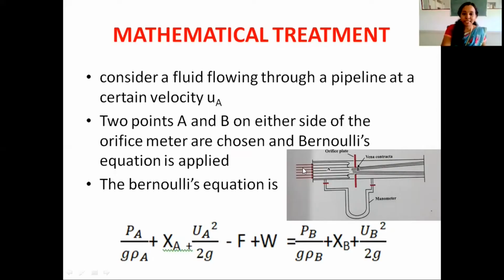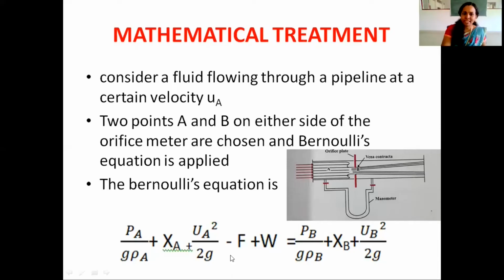Consider a fluid that is flowing through this pipeline with a velocity UA. Here, the liquid is flowing through this narrow constriction. Consider these 2 points A and B on either side of the orifice meter, and here Bernoulli's theorem is applied between these 2 points.